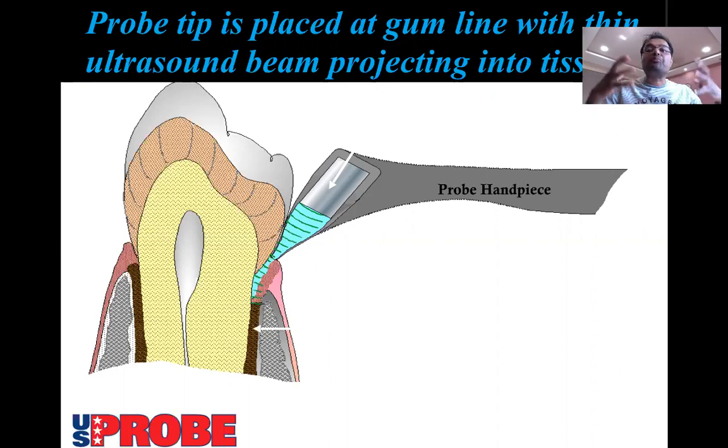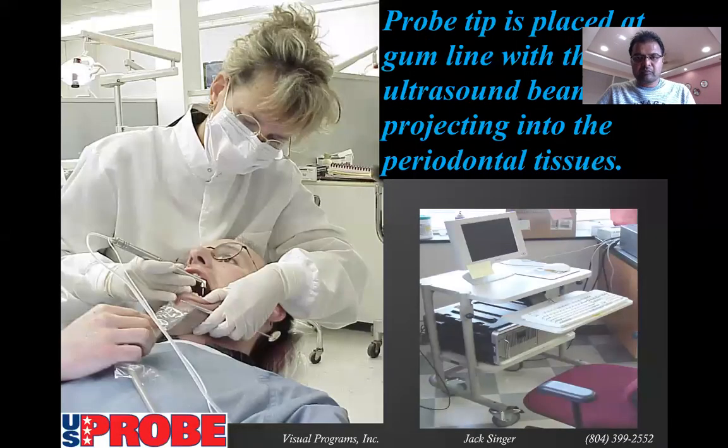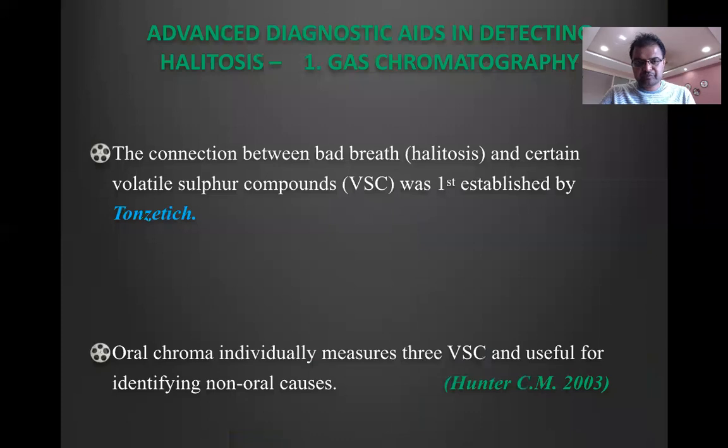You're not poking the patient anywhere. You're just running the instrument on the surface, keeping it at the mouth of the crevice, and taking down the finding. This is probably the best way to measure the probing depths or pocket depths around your teeth. So that's how the ultrasound probe is used.